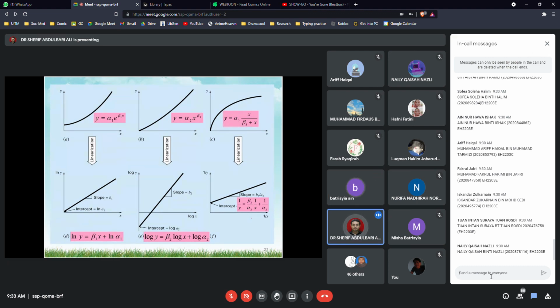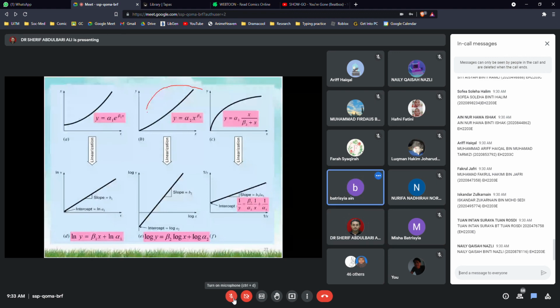What's your question? Yang depan C tu the exist kan before YX, after linearization jadi 1/Y dengan 1/X. I cannot get what you mean. You're talking about which figure? This figure?